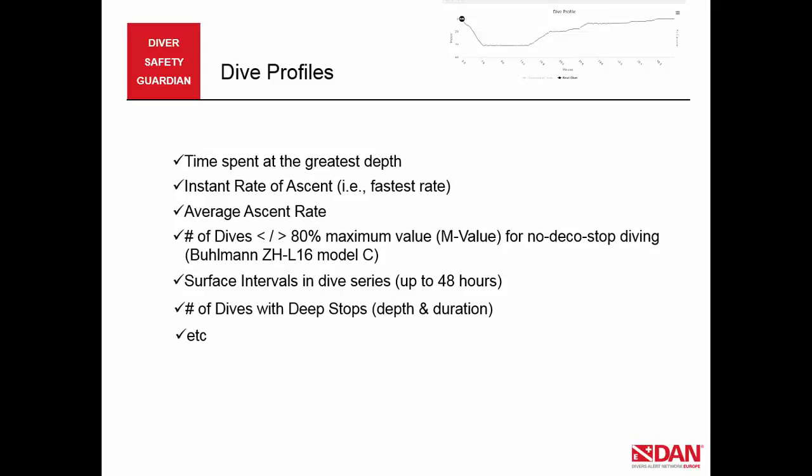It also offers a categorization of dives according to those within 80% of the maximum supersaturation level in any tissue versus those with more than 80% supersaturation, according to the Bühlmann model, the duration of surface intervals in a dive series up to 48 hours of the last dive, and the number of dives with deep stops, including details on the depth and duration of the stops, and much more.